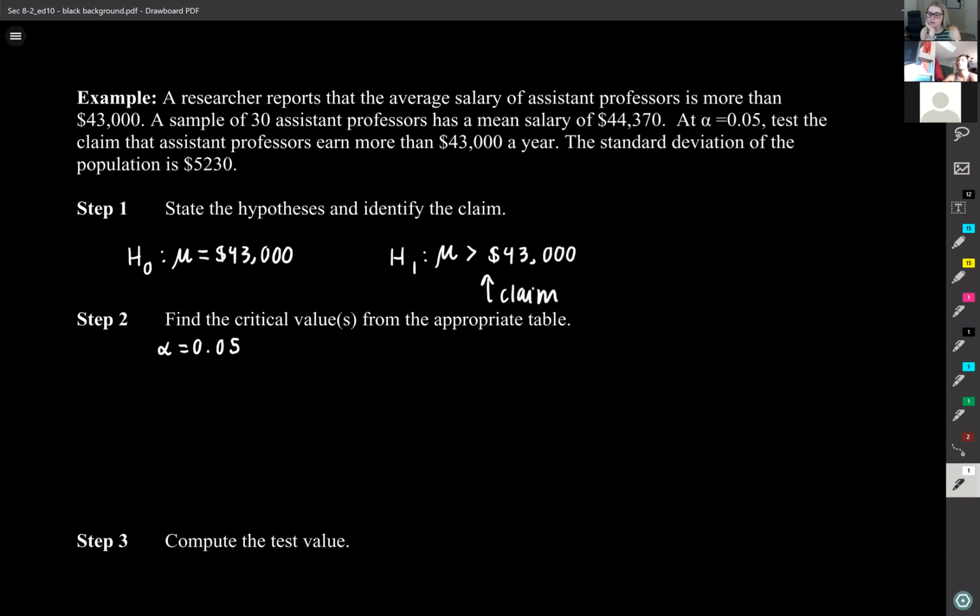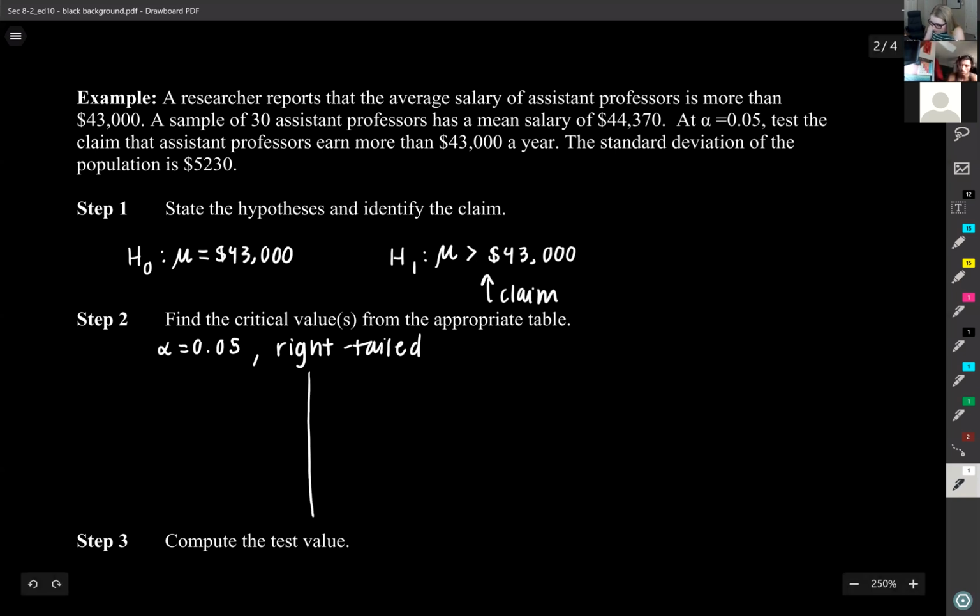So does anyone want to take a shot at if this is right-tailed, left-tailed, or two-tailed? You can private chat me if you want. Awesome, right-tailed. Thank you, Michael. So this is a right-tailed test. Okay, so using that, let's go ahead and draw our little normal distribution.